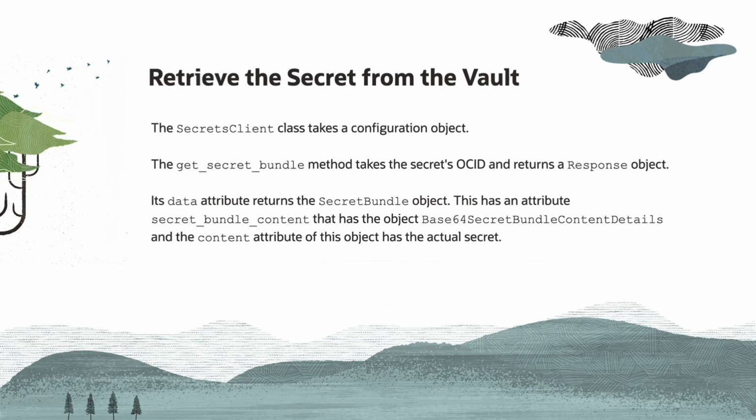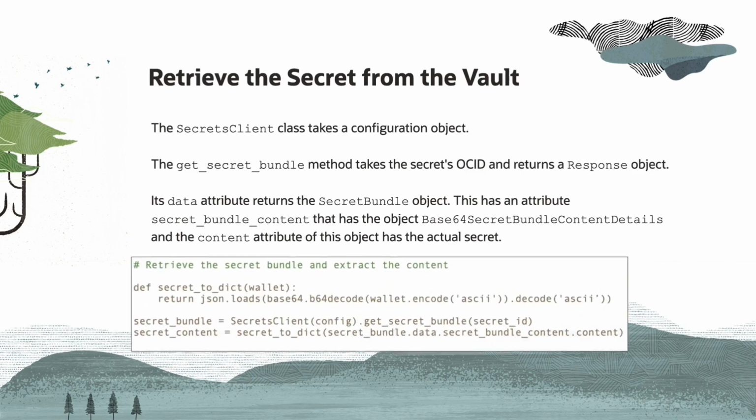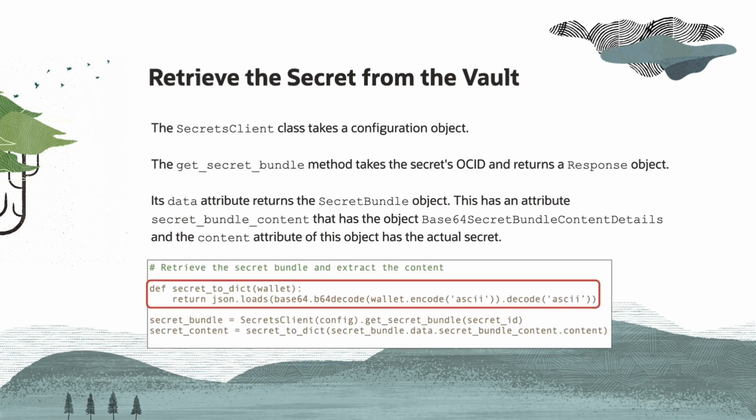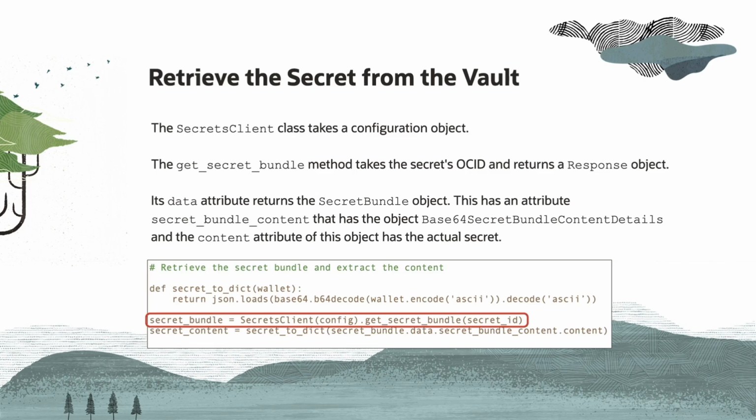Let's take a look at how this code would look. The first chunk of code is just a helper method that's going to take the base64 object, decode it into a JSON object, and then decode that into a dictionary. The second line of code, the one that starts with secret_bundle equals, creates a secrets client and takes that configuration file that we used before and calls get_secret_bundle, and we're going to pass in the OCID for the secret.